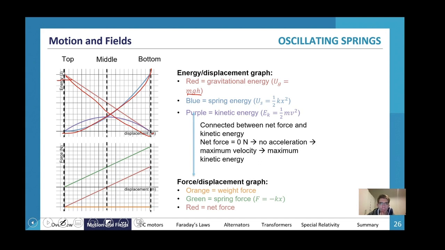And in purple, it's the kinetic energy, but it looks like an inverted parabola. The reason is because it's still an exponential graph.